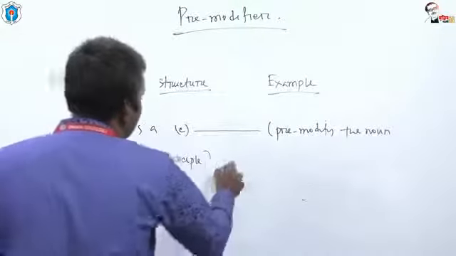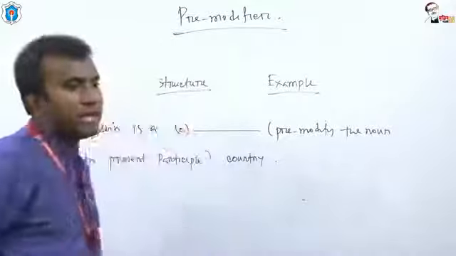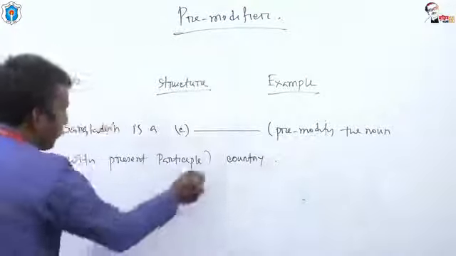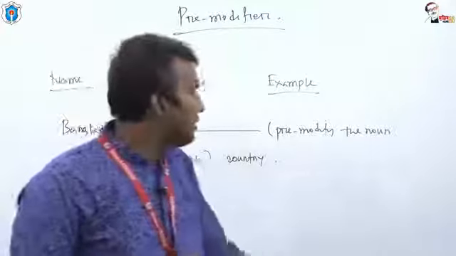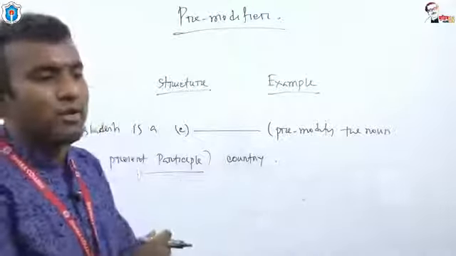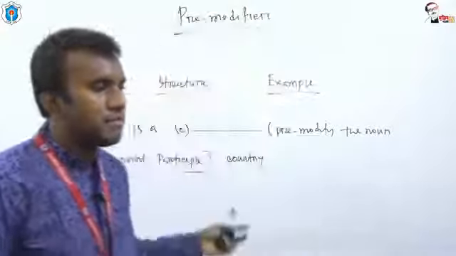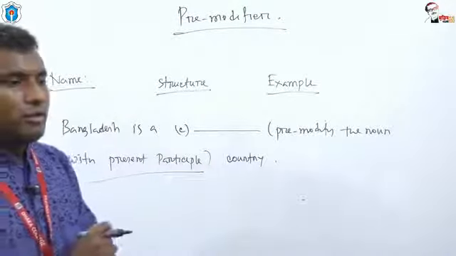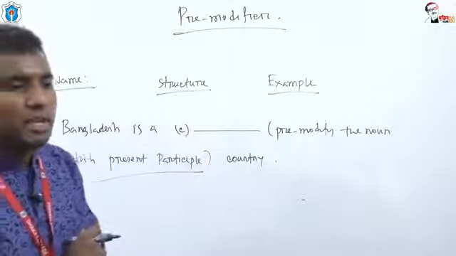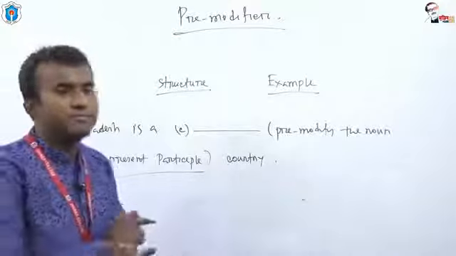Bangladesh is a dash country. Now you have to modify the noun country with present participle. This question can be given. Use present participle to pre-modify the noun. What is your answer, dear students? What is your answer here?